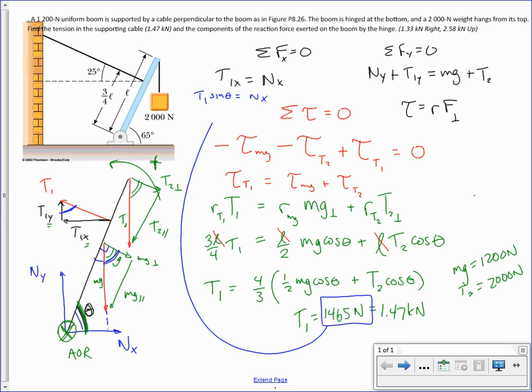And over here, ny is mg plus T2 minus T1y, where T1y is T1 cosine theta, because it's adjacent, right? Here's T1x, opposite the angle. Here's T1y, adjacent to the angle. Okay, so we can just go right back into net force statements to find our unknown values of nx and ny. So make sure those work out right.